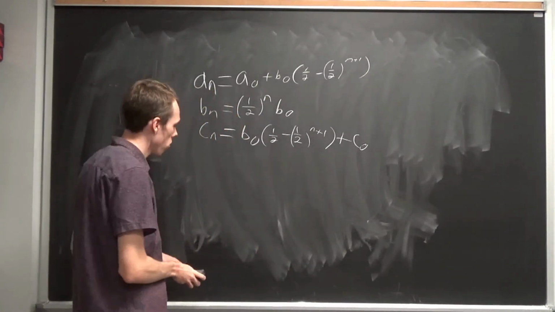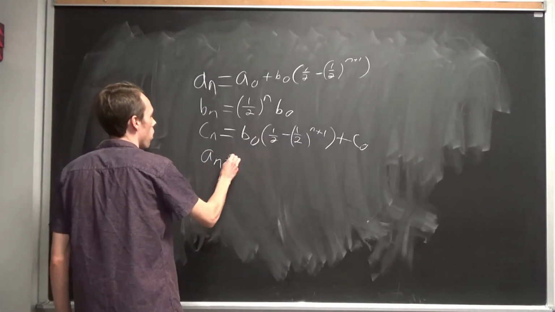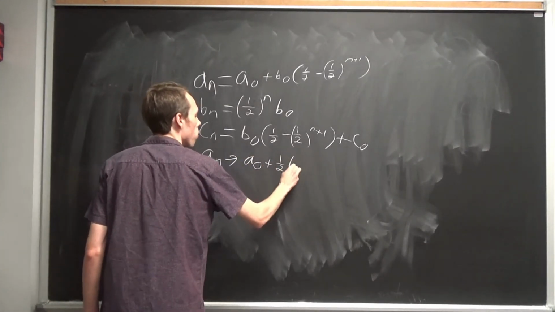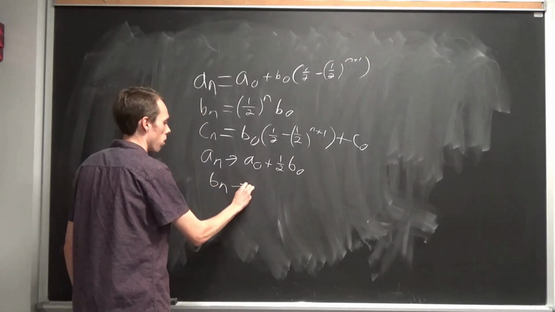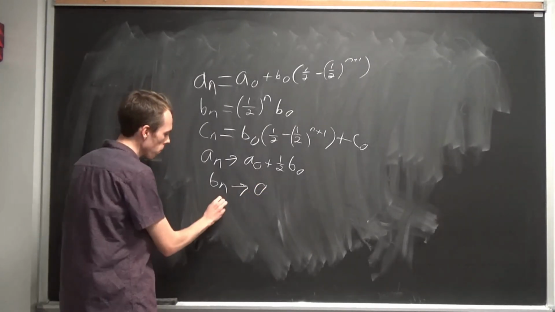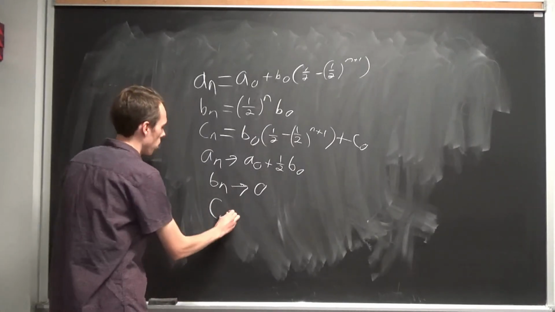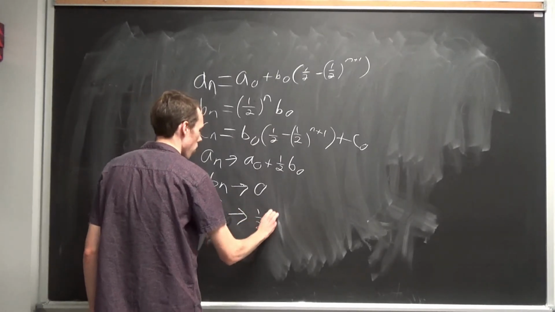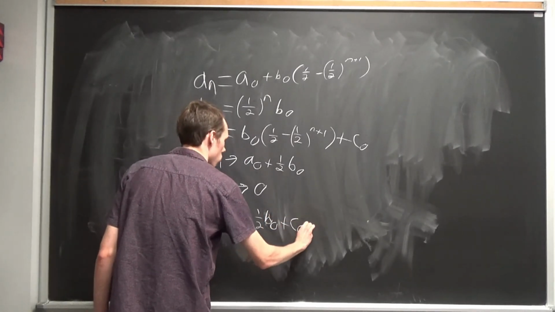Taking the limit of each of these equations as n approaches infinity gives us a sub n approaches a naught plus 1/2 b naught, b sub n approaches 0, and c sub n approaches 1/2 b naught plus c naught.